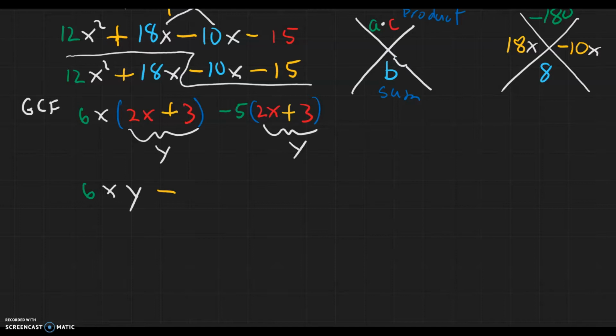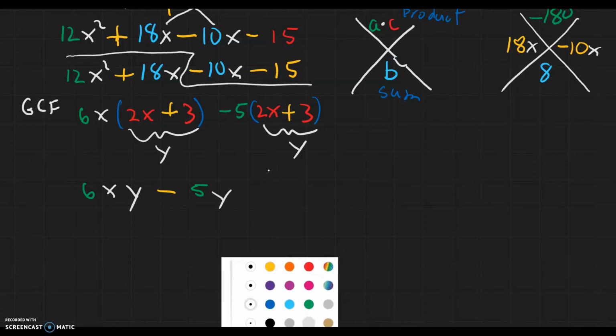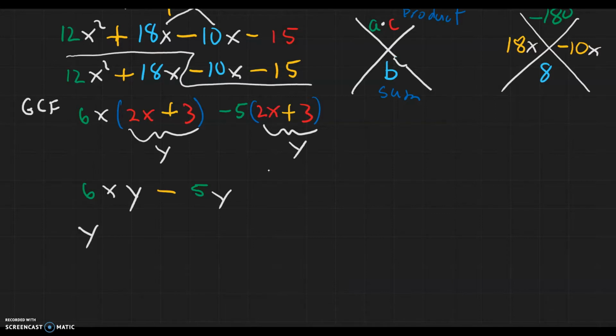The only reason I'm doing this is to show you what's really happening. If we had to factor out whatever we could from 6xy minus 5y, we would factor out the y, because that's common in both. Then we would end up with 6x minus 5 in parentheses.